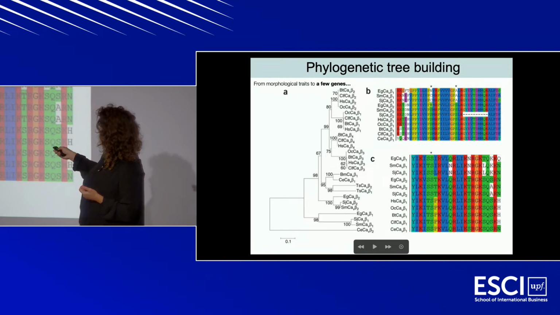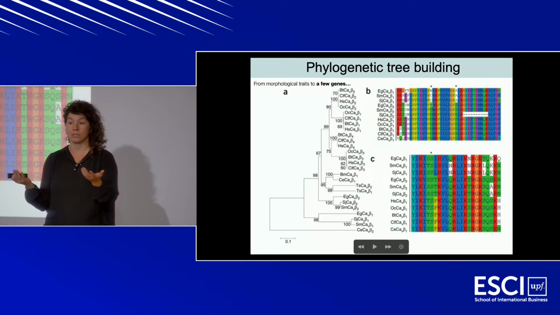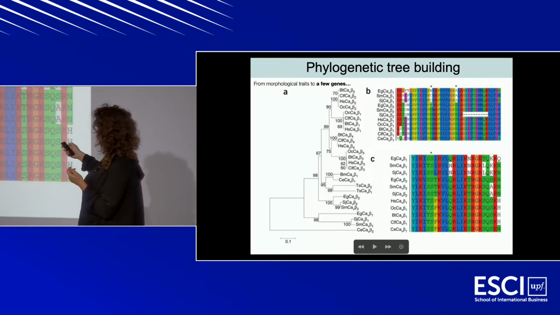So in this context, I think it's easy to visualize that these methodologies for tree building tend to cluster together genes, in this case, that have alignments that are more similar to each other. So we have, like in this example, two main blocks, one here for these sequences, another here for these sequences, and we know that they are more or less similar to each other, and the same here.